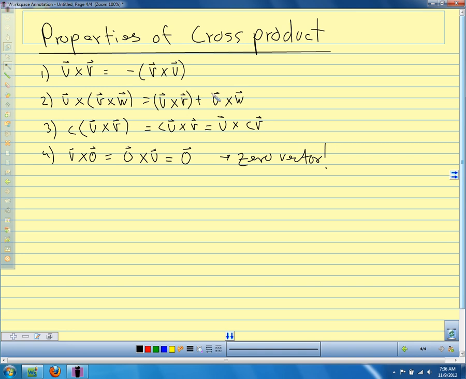In the book, it's U cross V plus W. For this one, U cross V plus U cross W. And the original one should be U cross (V plus W). Oh, I wrote a cross instead of a plus. Yes, that's how it is in my notes also. Thank you.